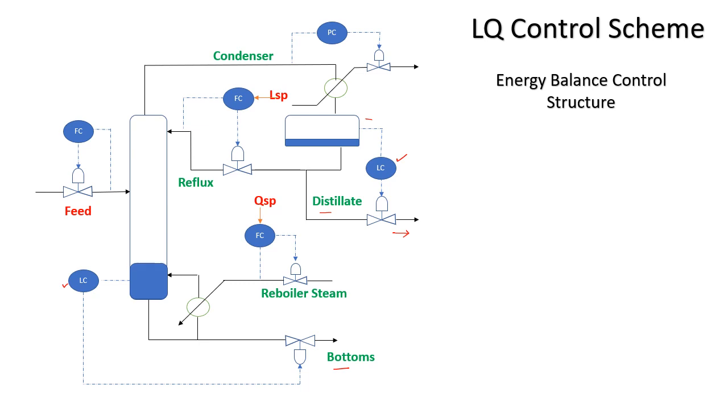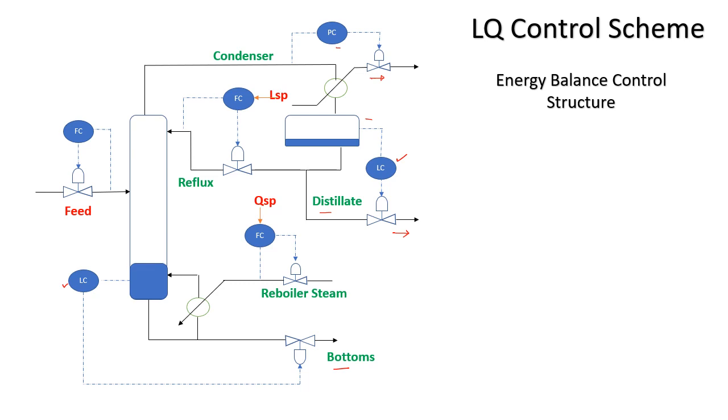So by controlling the condensing or cooling material flow, we are basically controlling the pressure at the top, because what happens is the amount of vapor that gets condensed is directly related to this pressure. Additionally, we are controlling the reflux flow rate and also the reboiler steam flow rate.